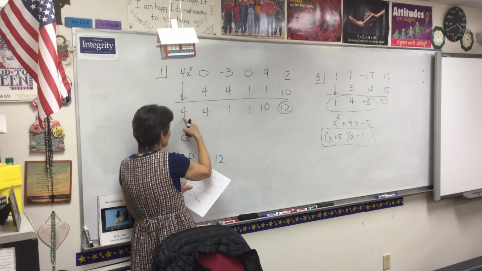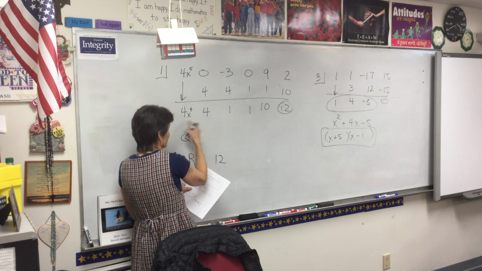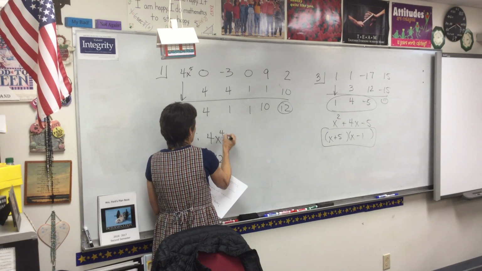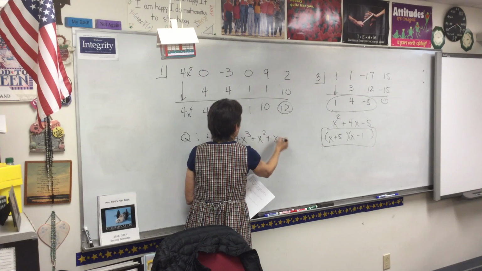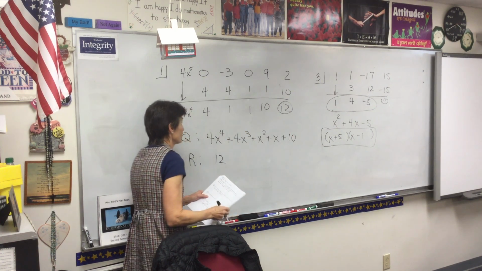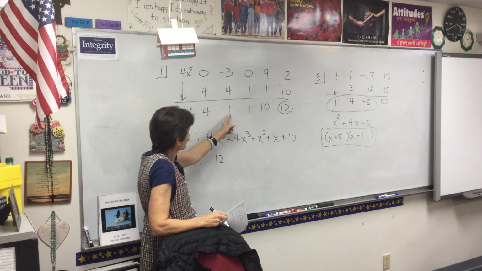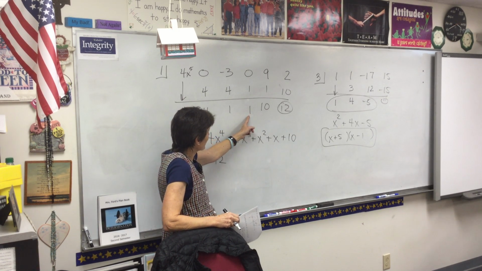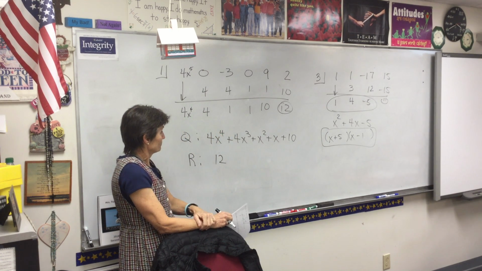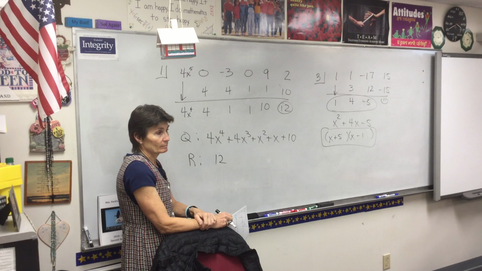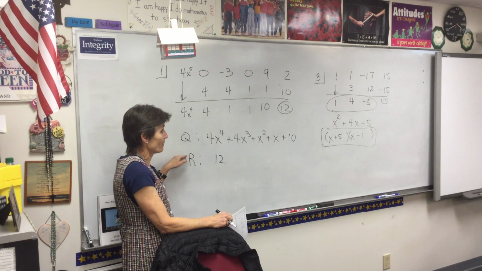So this is gonna be 4x to the 4th, and 4x cubed, and x squared, and x and 10. So this is the 4th, this is x cubed, this is x squared, this is plain x, this is plain number. So on the test, it'll actually say, what's the quotient, what's the remainder?